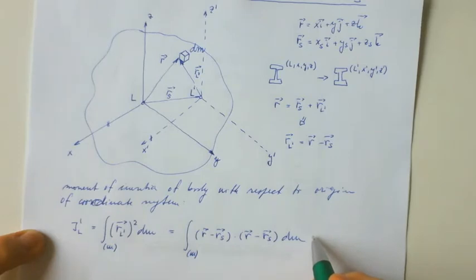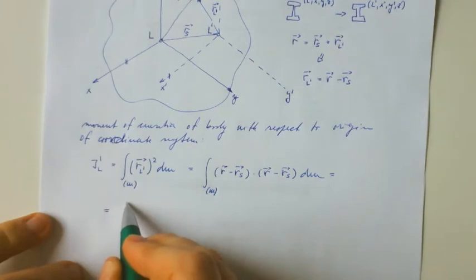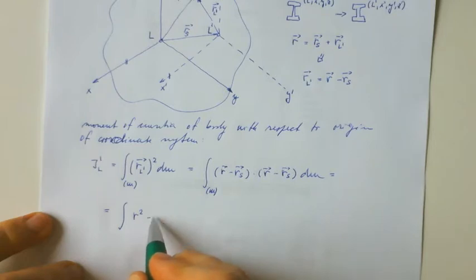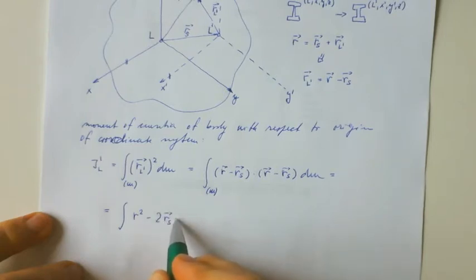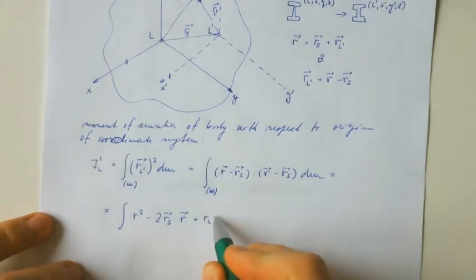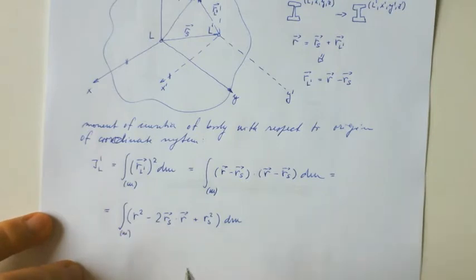And finally we can write that it is the integral of r square minus 2 rs by r plus rs square dm over m. Only these values remain with vector properties.